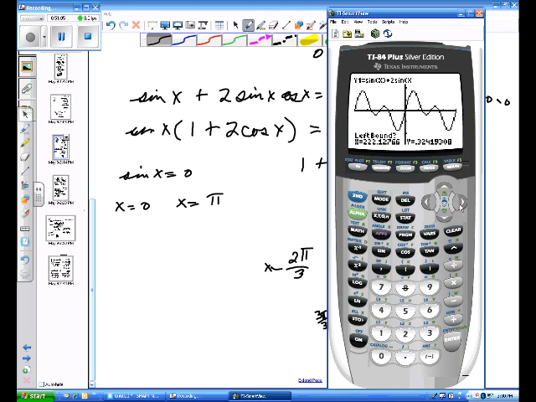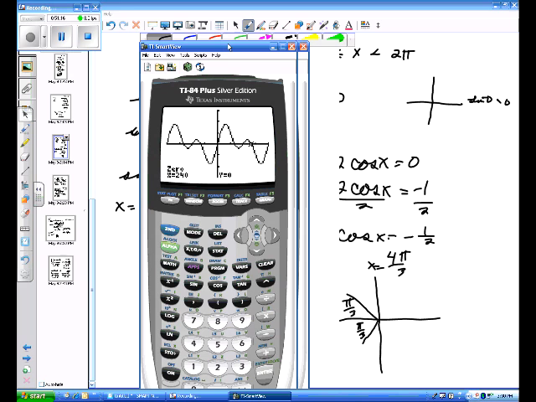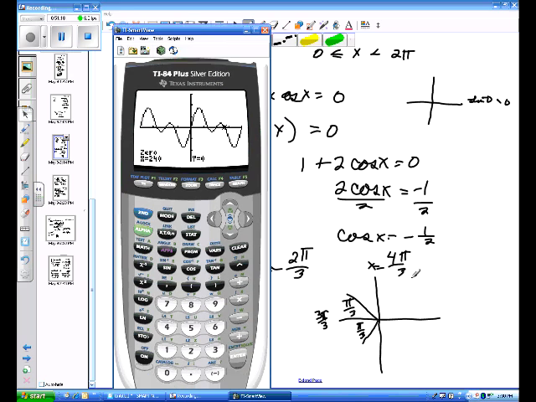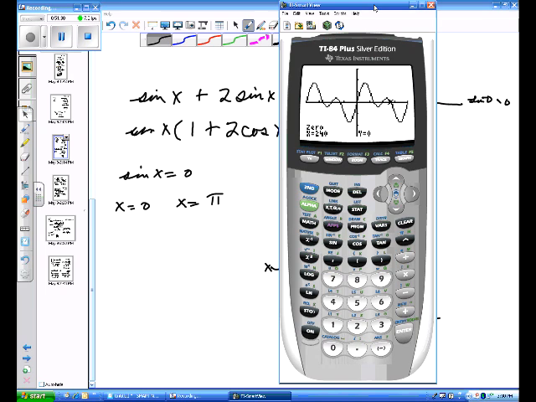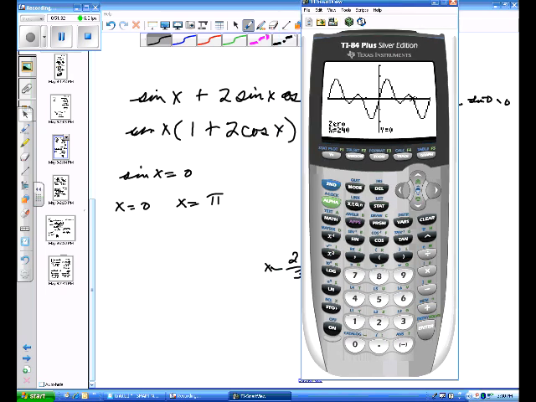We want to be to the left, then to the right, enter, and that gives us the 240, which is 4 pi over 3. That's the 180 plus 60 would be the 240. And so that gets us our values.